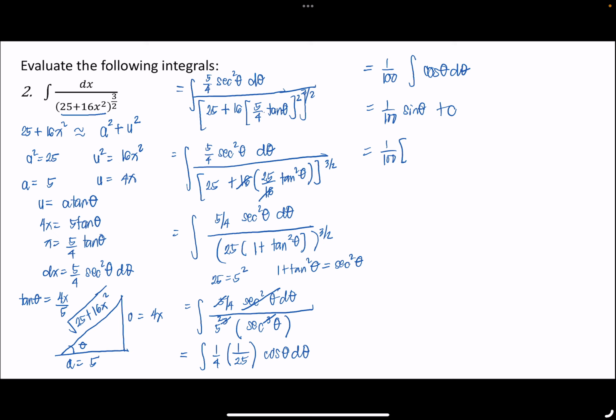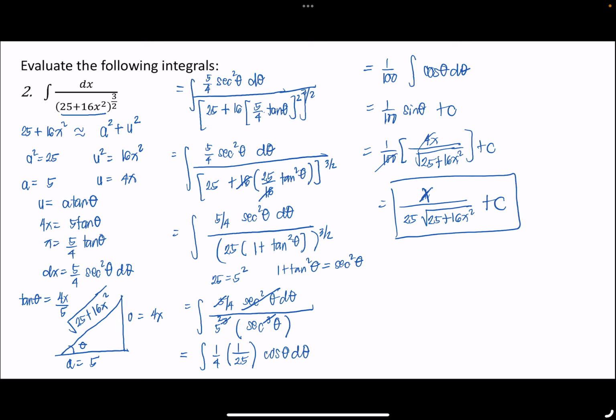So that would be 4x over square root of 25 plus 16x squared plus c. So we can cancel out 4 and 100. So we have x over 25 square root of 25 plus 16x squared plus c. And that would be our final answer.